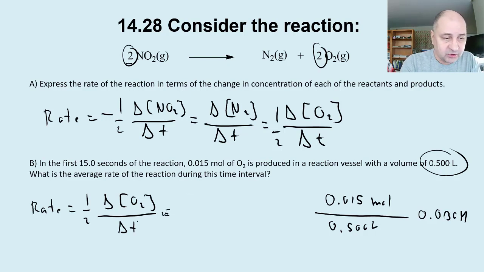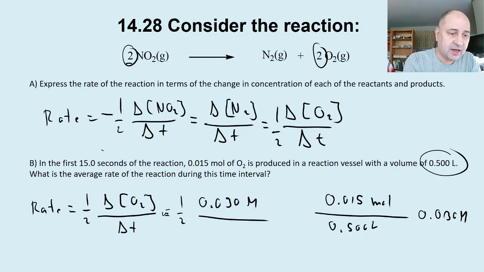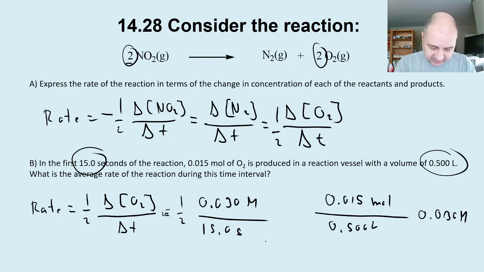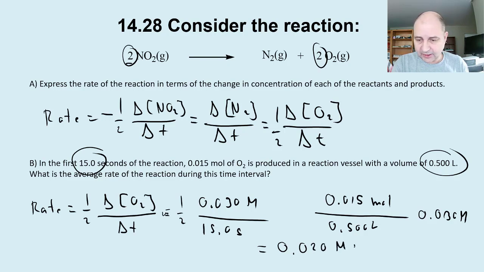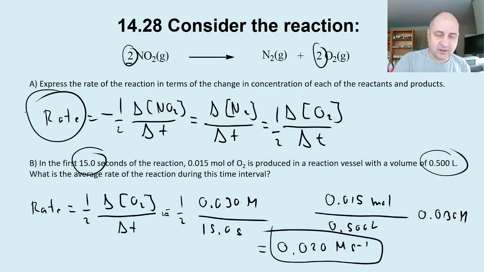So what we want to do is 1/2 times 0.030 M divided by 15 seconds. And that gives me a rate of 0.020 M per second. That is the overall rate of this reaction.